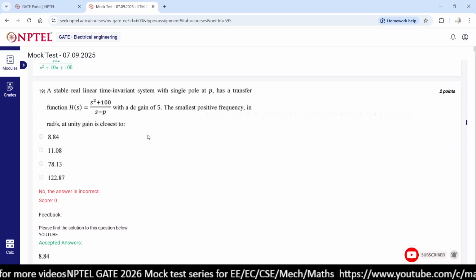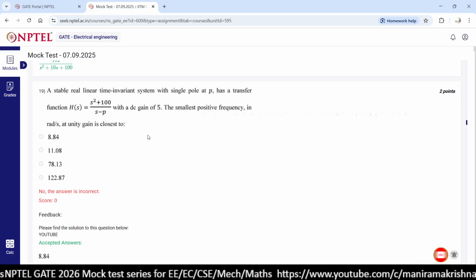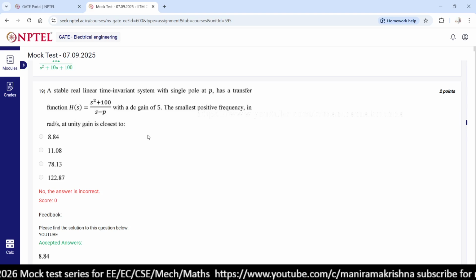19th question you can see. This is also control system.